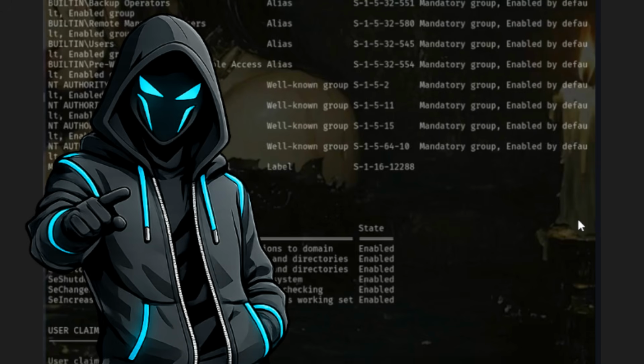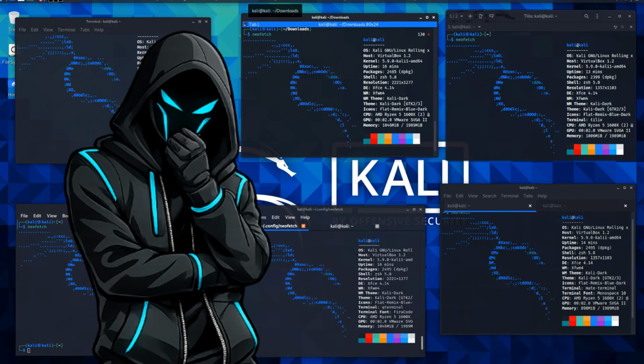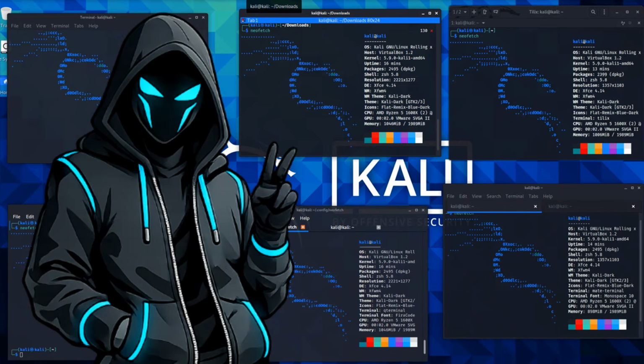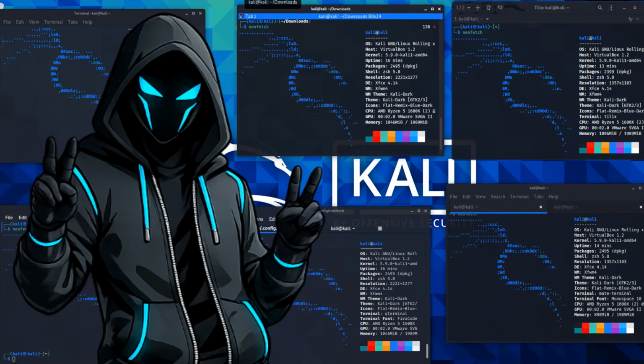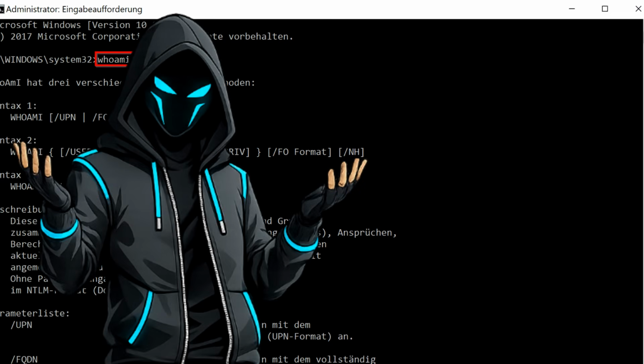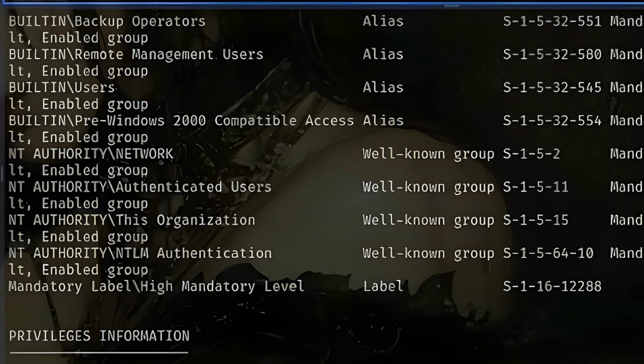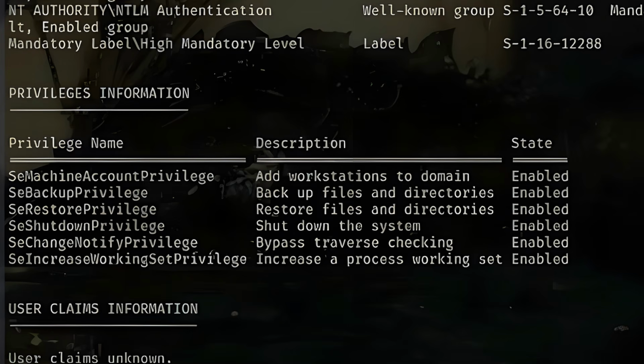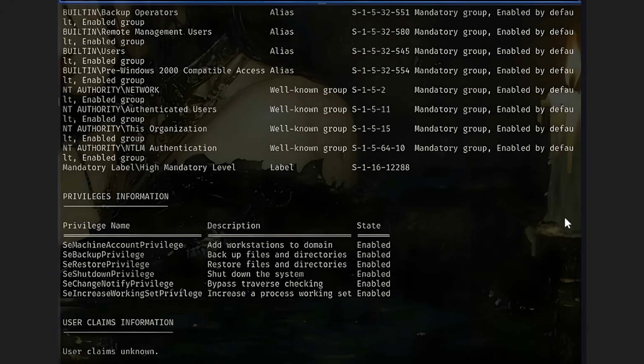So what about this image right here? We have gotten a shell with Evil-WinRM, and we are now enumerating the permissions, right? whoami /all. So we can see that this is essentially all of the groups, and this right here is all of the privileges. Now I want you to tell me, does this look exploitable or not? What do you think?